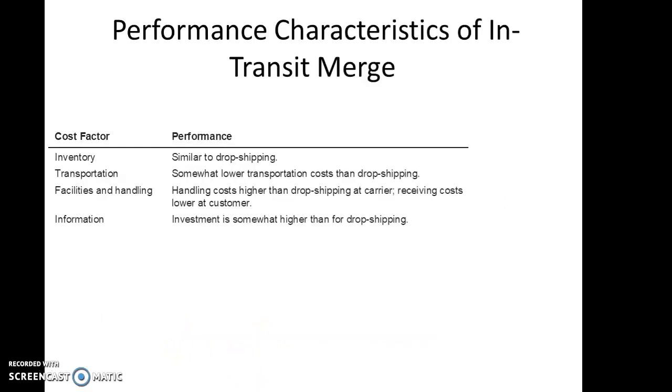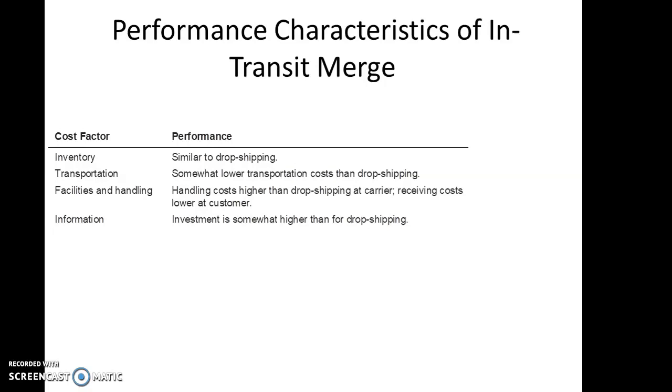If you see the performance characteristics of in-transit merge, the cost factors and performance. When you see the first one, inventory, it is very similar to the drop shipping method. That is, the total inventory is held at the manufacturer side, so that the inventory cost is low. The next cost factor is transportation.